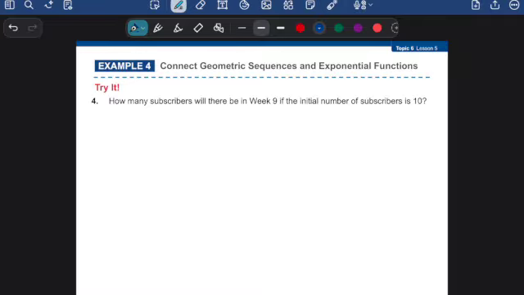So how many subscribers will we have in week 9 if the initial number of subscribers is 10? So a1 is 10. We're still doubling, so our common ratio is 2, and we want to evaluate a of 9. So our formula would be whatever term, whatever week, the initial value is 10 times our common ratio. What's our common ratio? 2.